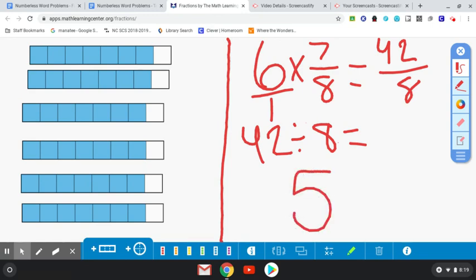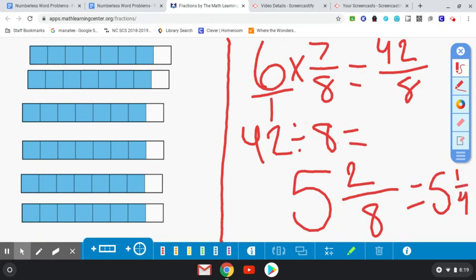Then I take 8 times 5, that's 40. This 42 minus 40 leaves me with 2. And my denominator stays the same, at 8. So my answer is now 5 and 2/8. You can also simplify that down into 5 and 1/4.